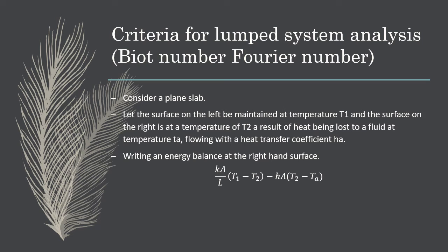As a result of heat being lost to a fluid at temperature Ta, flowing with heat transfer coefficient h, writing an energy balance at the right hand surface: (k by L)(T1 minus T2) is equal to h(T2 minus Ta).